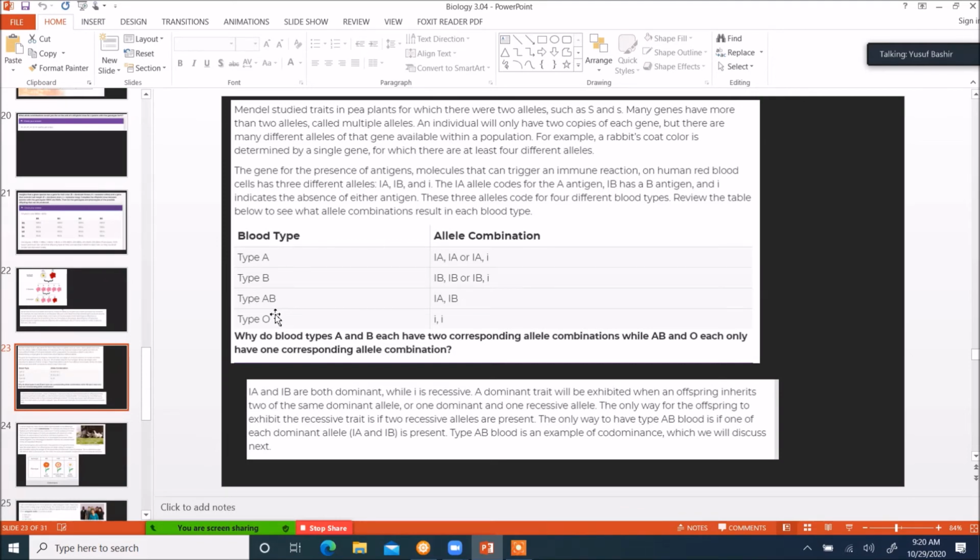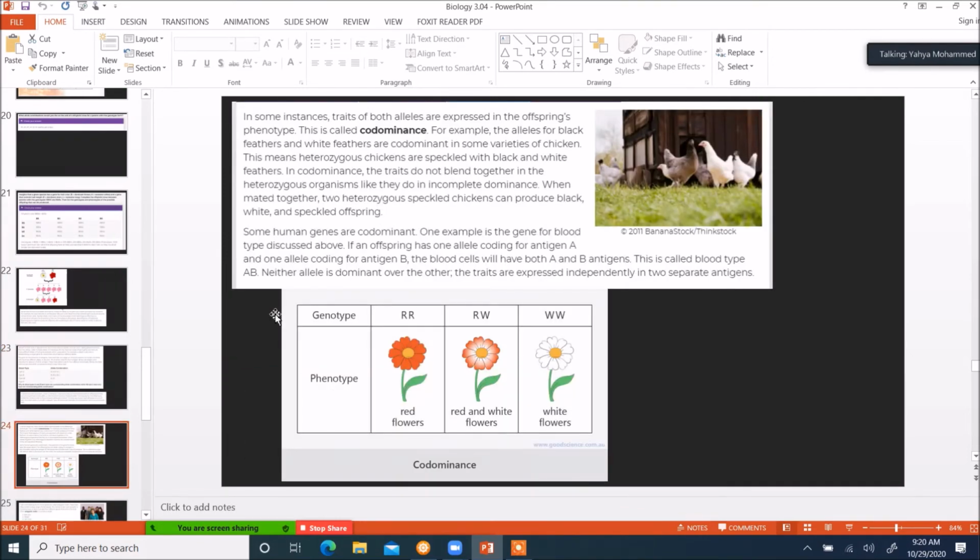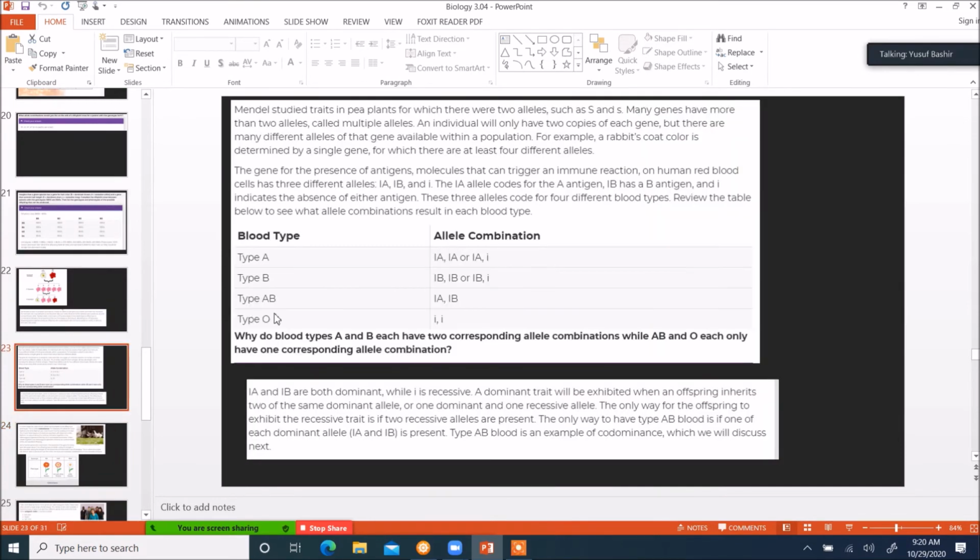Wait, can you go back for a second? Why do the allele combinations for the blood type have two different sets? Like there can be two alleles. For example, type A says IA. This means that from the mother and the father, the person got the A type from both.